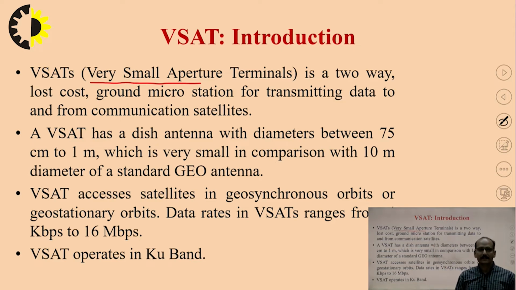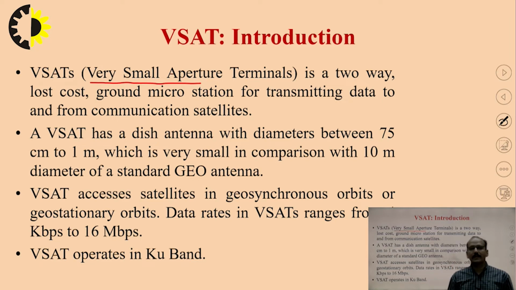VSAT stands for very small aperture terminal, and it is a two-way low cost ground micro station for transmitting data to and from a communication satellite. This ground micro station is a miniature of a large earth station.